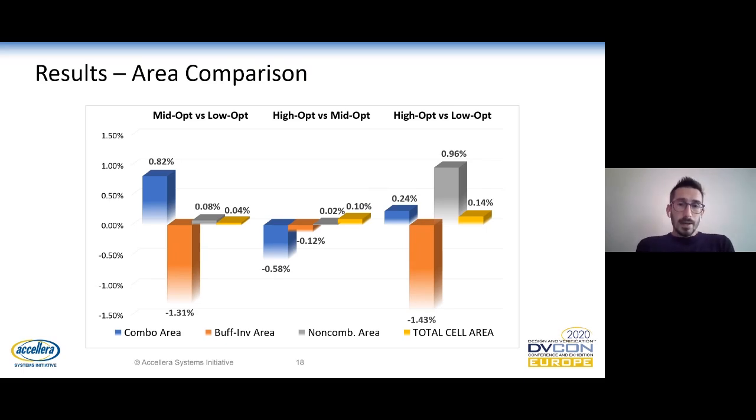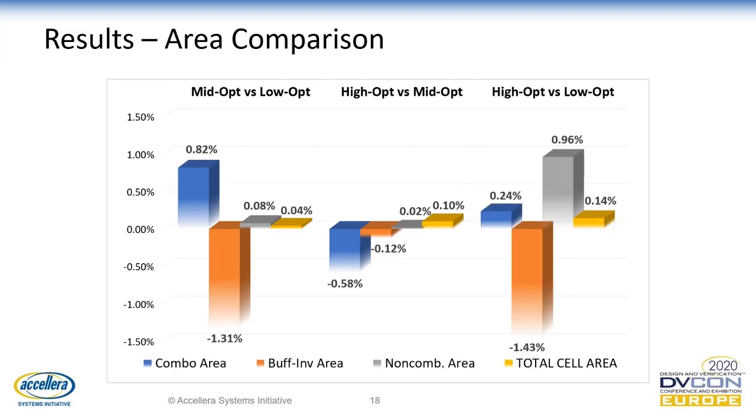So let's look at the area comparison. This graph essentially shows a comparison between mid-opt versus low-opt impact at system level. Then we have I-opt versus mid-opt at system level, and then I-opt versus low-opt. What we can see here is that in all the three cases, the numbers are pretty low because the area occupied by the clock controller unit in the system is pretty small.